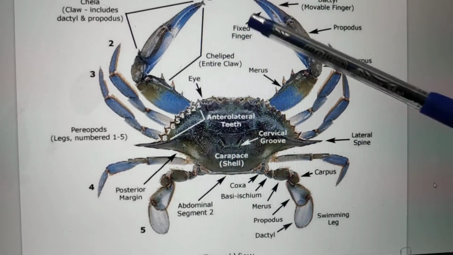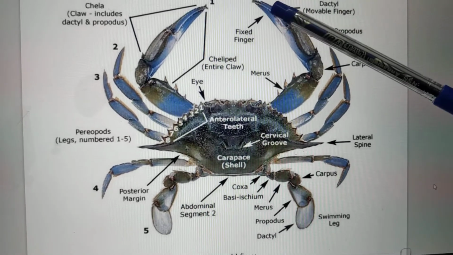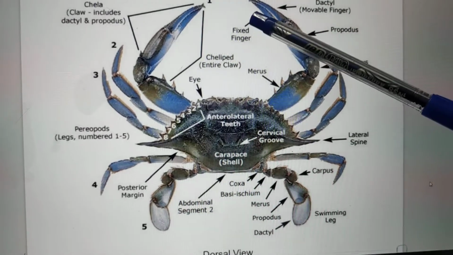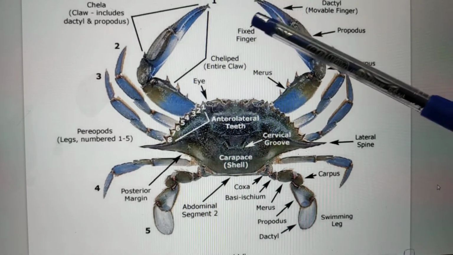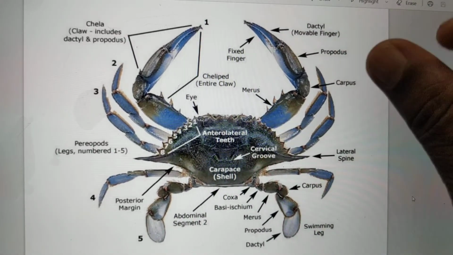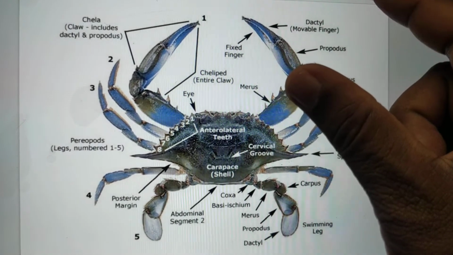This is called chelae. The upper portion is movable, whereas the lower one is fixed. You cannot move it. It is fixed. Only this is fixed and this is movable, right? For easy understanding, I'll tell you.